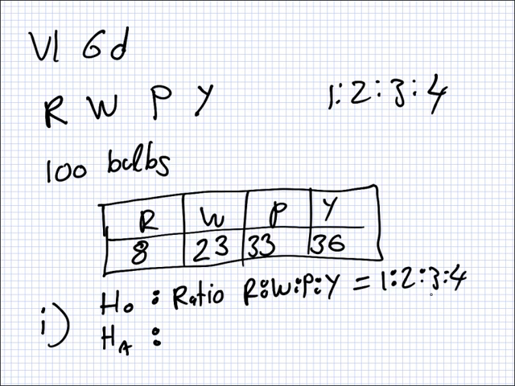Okay, but what you said is fine as well. Display the hypothesis as a ratio instead, for this one you can, yeah. And the alternative? It's just not 1 to 2 to 3 to 4. Oh, and like, can we do... No.